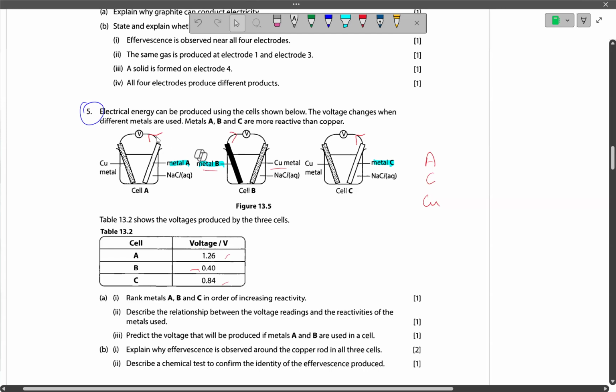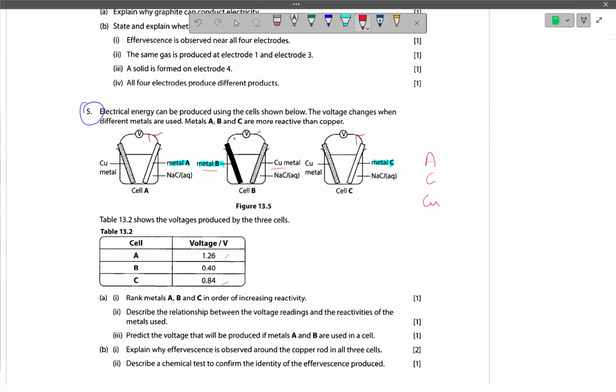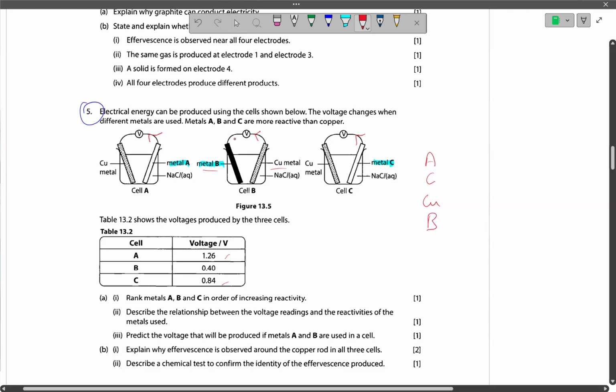If anti-clockwise is positive, then clockwise will be negative. But they didn't show negative down here, which could mean electron flows like this. Then it doesn't hurt because B is still below. Because this number is small, whether B is below or copper is below, it does not matter. It's still ACB.